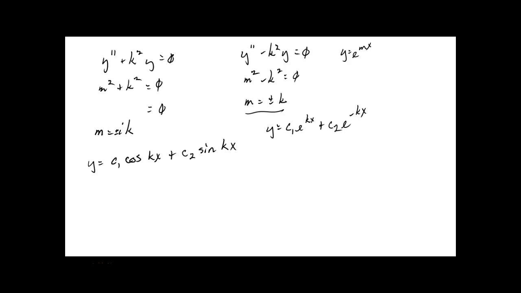Now, they also do this one in a different form, and I don't really care for it, but they do suggest it, so I'll just show it to you. That's the same as c1 hyperbolic cosine of kx plus c2 hyperbolic sine of kx.